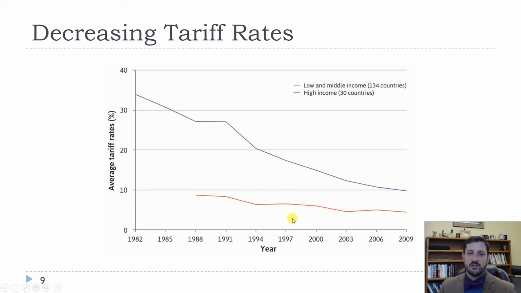But what we've seen over the last 35 years is that both in low and middle income countries, which is this blue line, and in the high income countries, which is this red line, tariffs have decreased. And so tariffs on goods and services have decreased from about 35% in the low and middle income countries to about 10%, and from about 9% in the high income countries to about 4%.